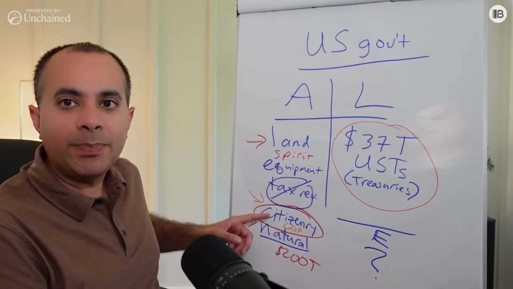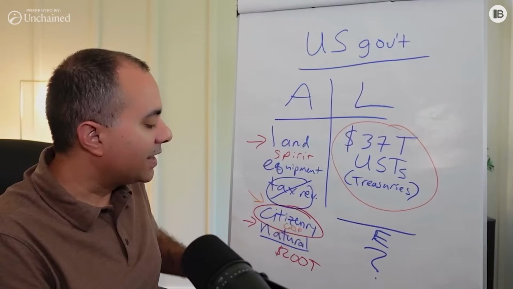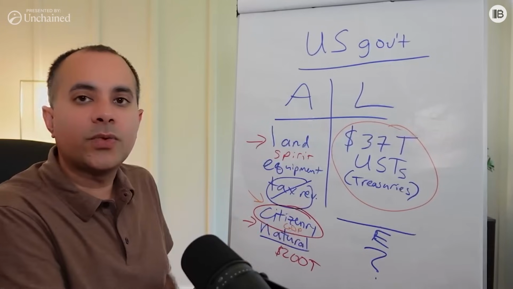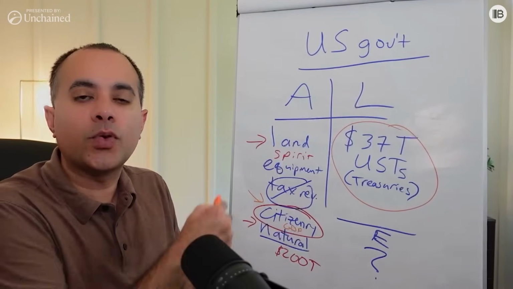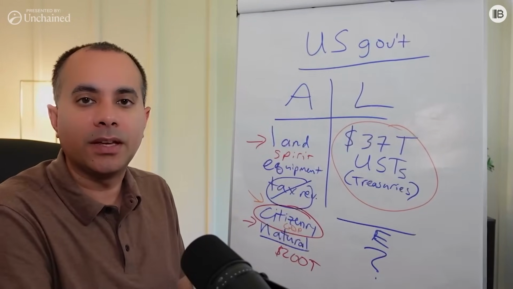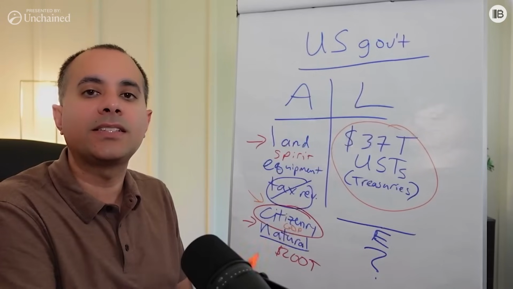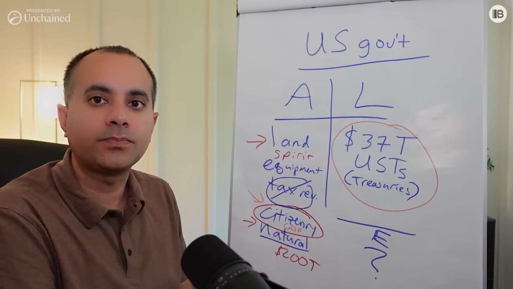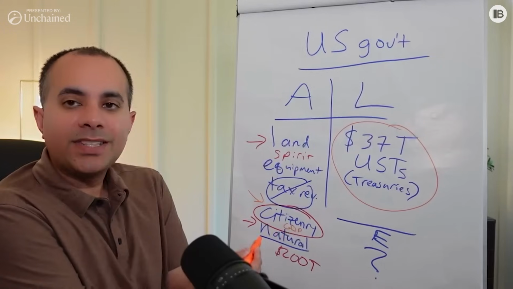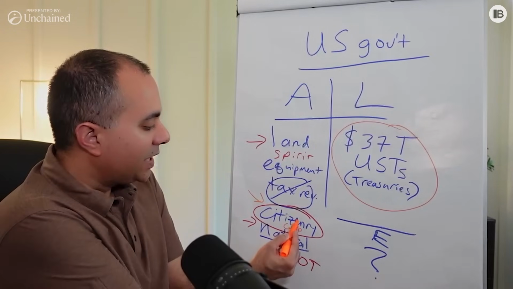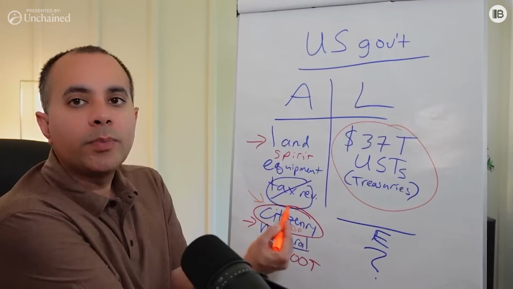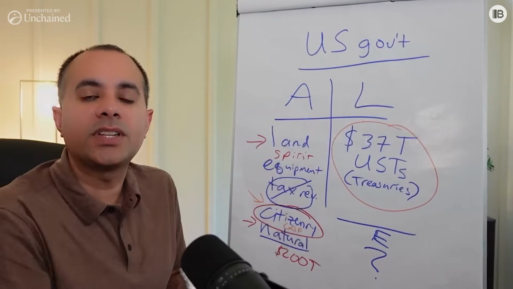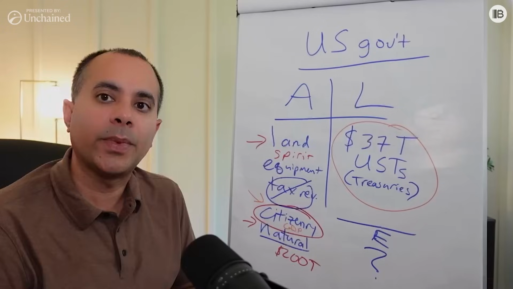So GDP is in here, in that the citizenry are those that create GDP, the economic activity of the country. But you can see here how GDP is only one portion of this holistic view of the United States government.